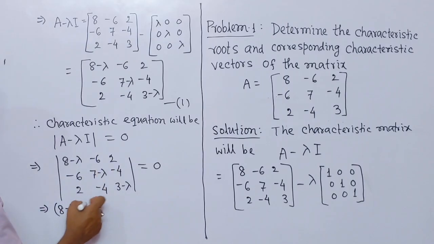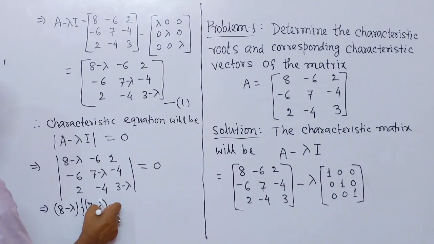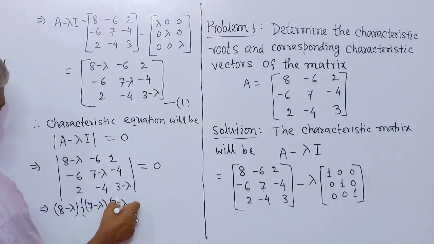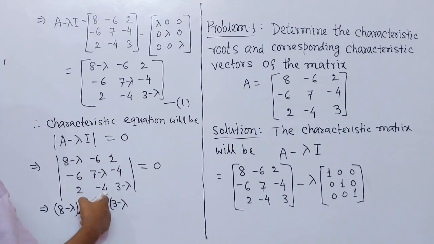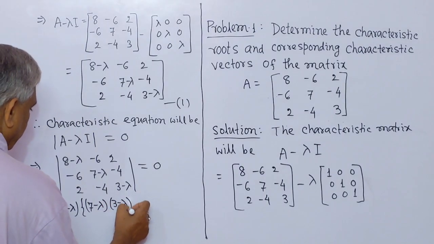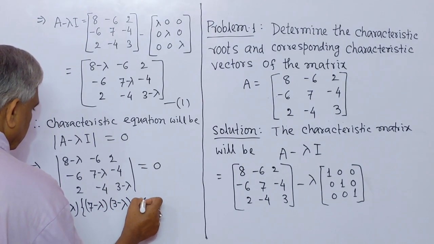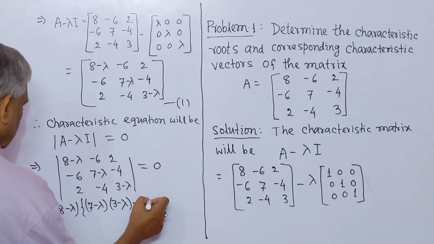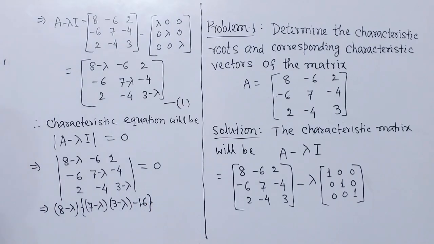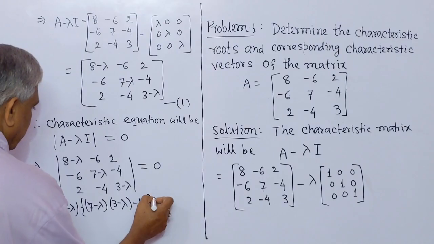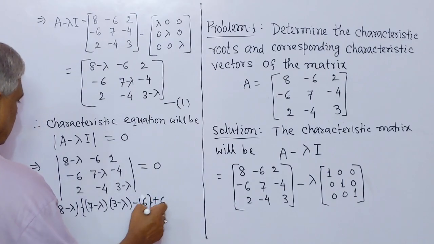Here we get 7 minus lambda multiply 3 minus lambda minus 16. Now we take this minus minus plus 6.